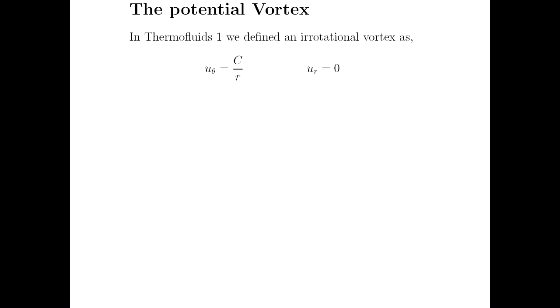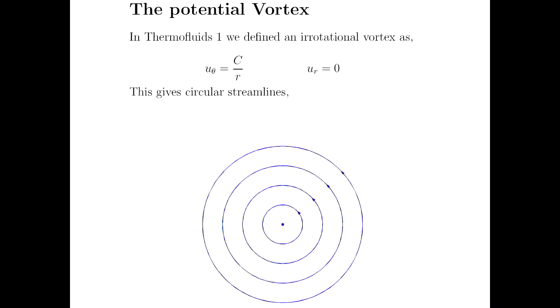An irrotational vortex is defined as having no radial velocity, and the azimuthal velocity is equal to a constant divided by r, which is some function of the radial distance from the potential vortex. This gives you circular streamlines, so the streamlines of a potential vortex are circular.